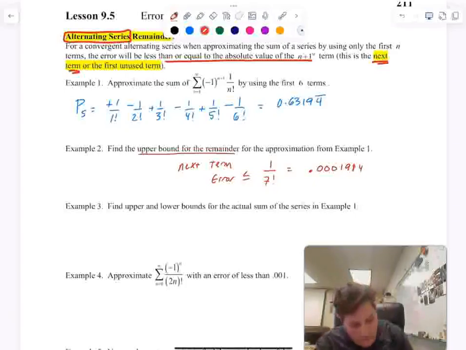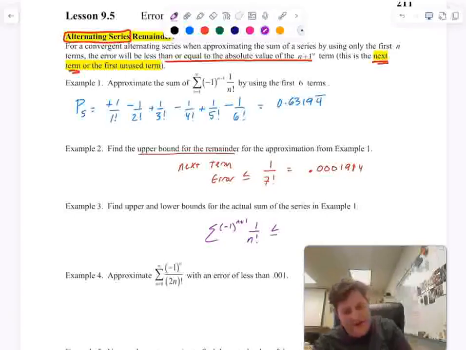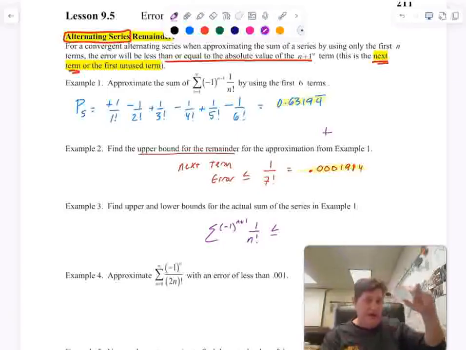Now, find the upper and lower bounds for the actual sum of the series. Okay, let's write it like this. The sum of this series, negative 1 to the n plus 1, 1 over n factorial, is going to be contained within. Now, this is the sum, this is the error bound. I just have to add those, and that's the highest it will ever go, because this next term was plus, and then it goes back down to minus, right?